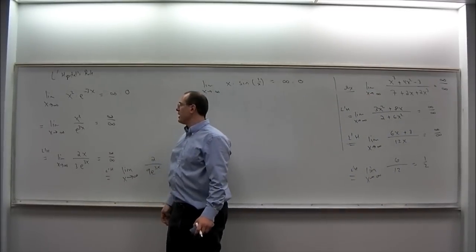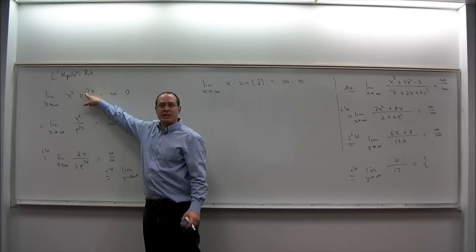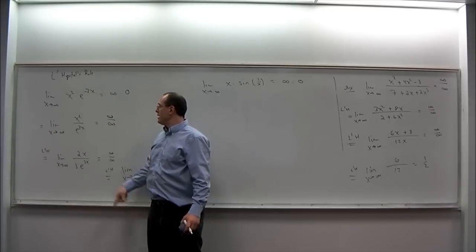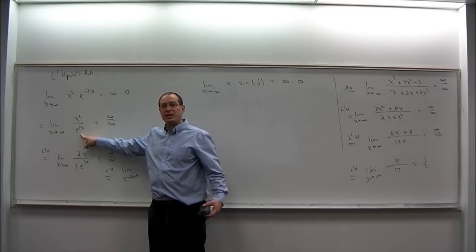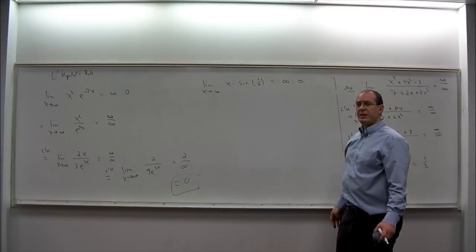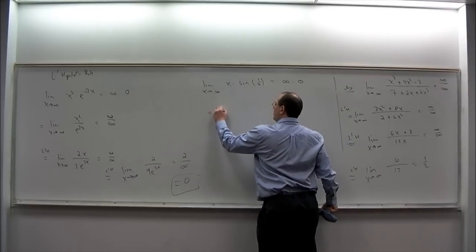In the last example, we turned it into a fraction by simply taking advantage of the negative exponent right there. E to the negative 3x naturally becomes e to the 3x in the denominator. In this case, it's not so obvious. Neither one of them naturally falls to the denominator.